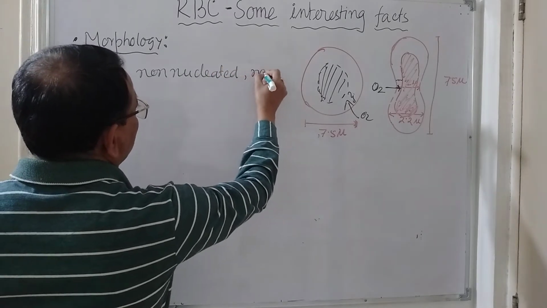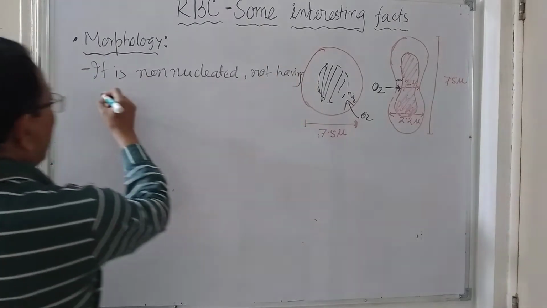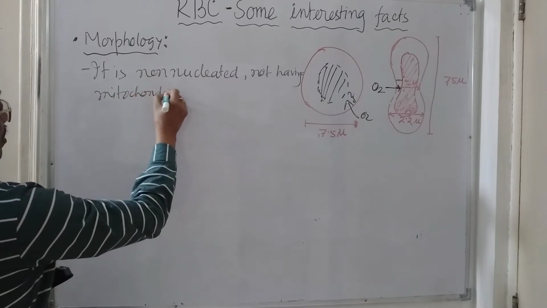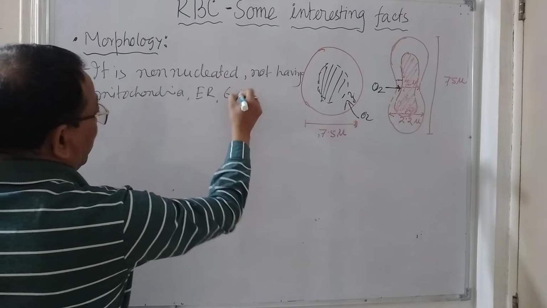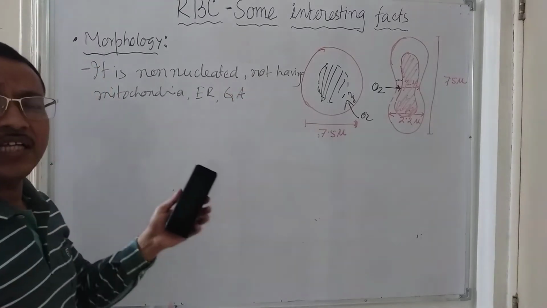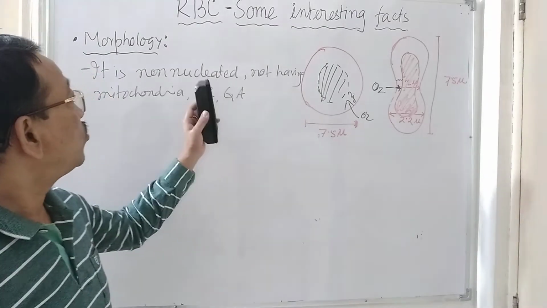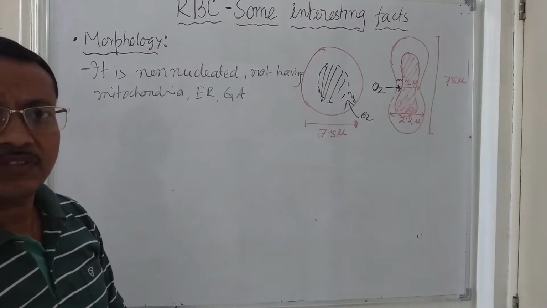That means it does not have mitochondria, endoplasmic reticulum, or Golgi apparatus. All the usual cell organelles are absent within the RBC besides the absence of the nucleus.